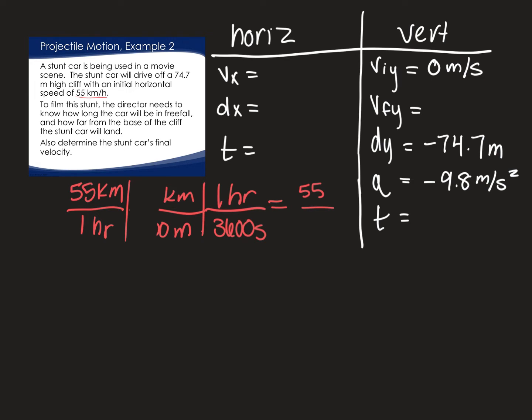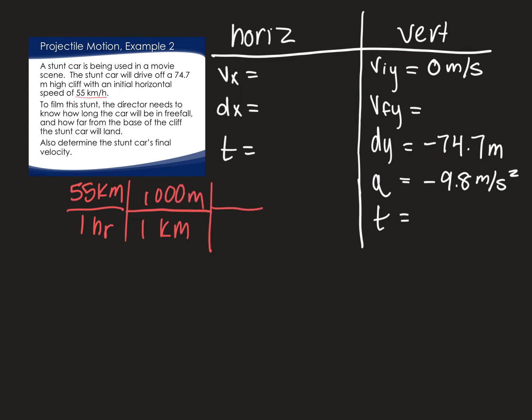To be fair, my internet's been out all night, and it's really late, and I need to go to bed. So 1 kilometer is 1,000 meters. I knew that didn't look right. So 55 times 1,000 divided by 3,600 is 15.28 meters per second.